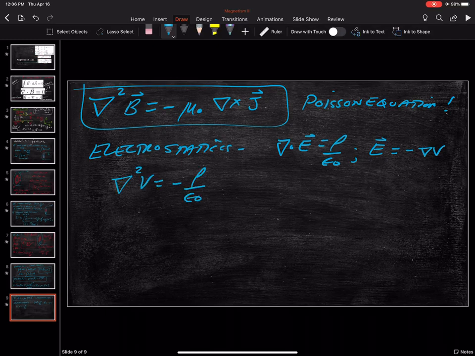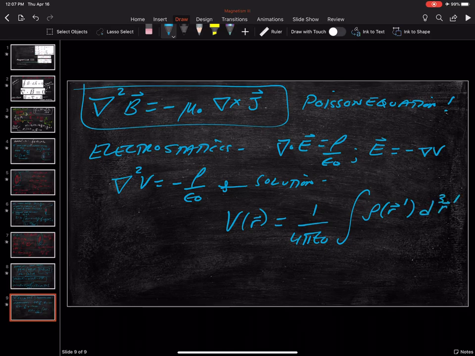And so that's another Poisson equation. And so what does that tell us? Well, I remember the solution to this, which I've written a bunch of times. V at R is equal to 1 over 4 pi epsilon naught integral rho of R prime d3r prime over R, where R vector is R minus R prime.